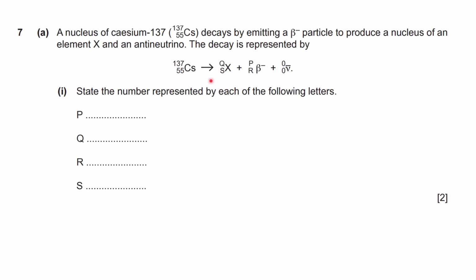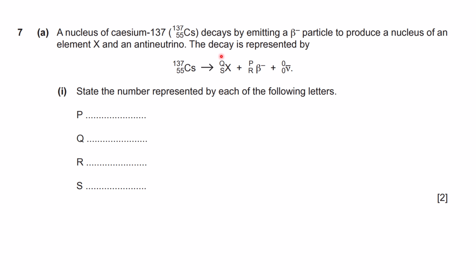So in this nuclear equation, all that we need to do is apply what we know about conservation of mass and conservation of charge. Which means that the sum of the mass on the left side of this equation needs to be equal to the sum of the masses on the right side of the equation.